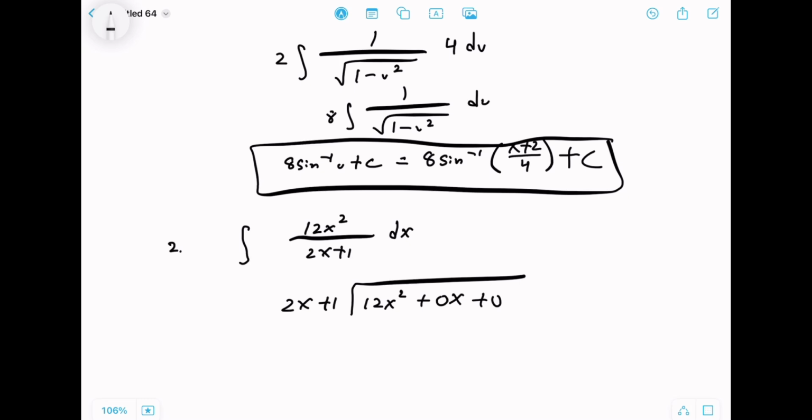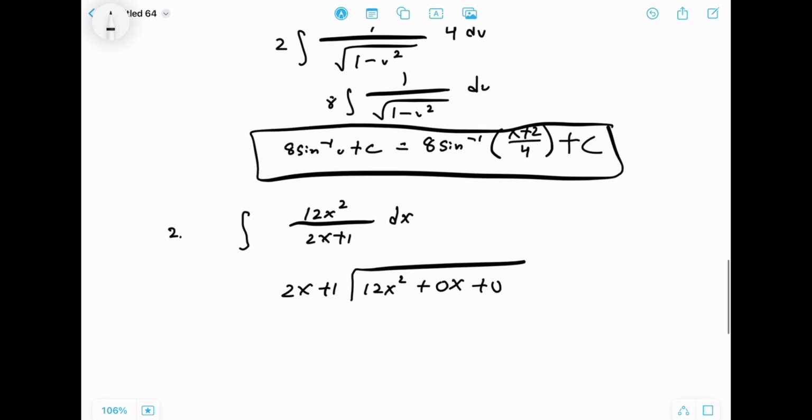Now, I have to think to myself, all right, what do I need to multiply 2x by to get 12x squared? And that's going to be 6x. So I get minus 12x squared, and then 6x times 1 is 6x, so plus 6x.